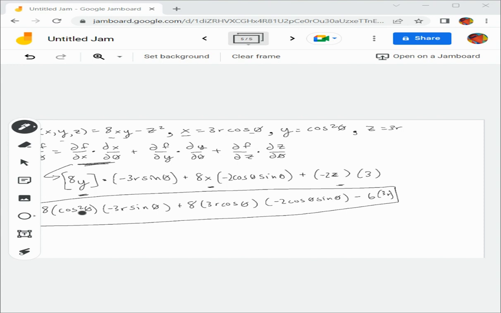So it's 8 parentheses cosine of square root of 2 theta, parentheses negative 3r sine of theta, plus 8 parentheses 3r cosine theta, parentheses negative 2 cosine theta sine theta, minus 6 parentheses.